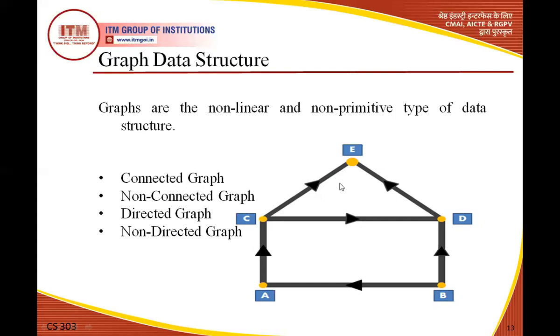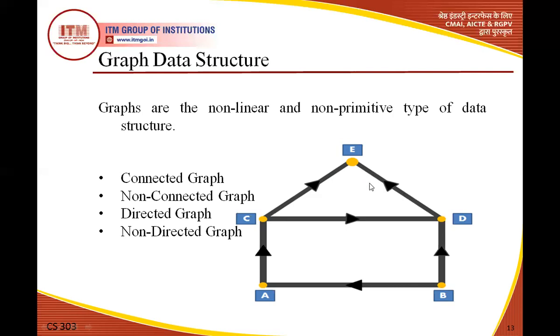Connected graph means the graph is connected to each and every node. Each node is connected with another node, and there is no free connection. All the nodes are connected, so this is the connected graph. A non-connected graph means, for example, I delete this edge from here, so this one is no longer connected.